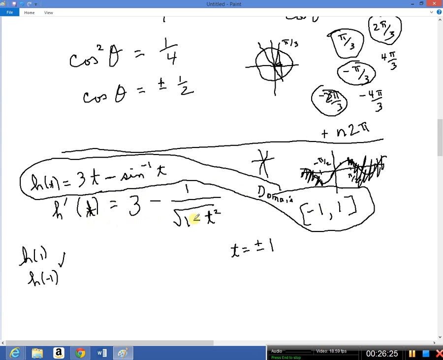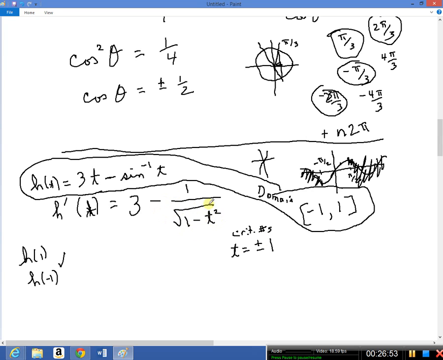But when you look at the derivative, t is not allowed to be equal to plus or minus 1, because otherwise the derivative would blow up. So guess what, folks? This is the first time that we're seeing a case where we have values that make the derivative blow up, but not the original function. So these two numbers are critical numbers. They're critical numbers of the second type, places where the derivative does not exist.